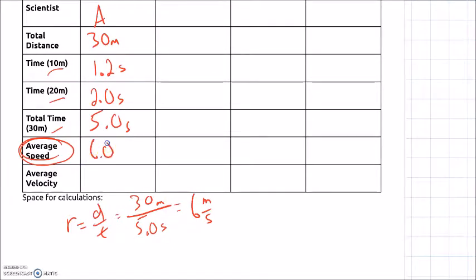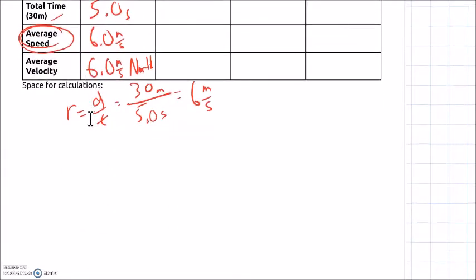So let's go ahead and write that down. 6 meters per second. And our average velocity is 6 meters per second north. All right, so not so bad, not too different from our other calculations so far.